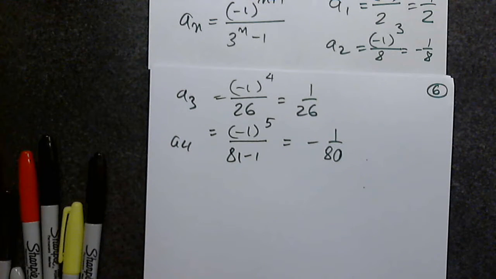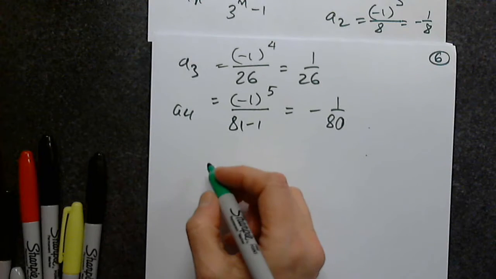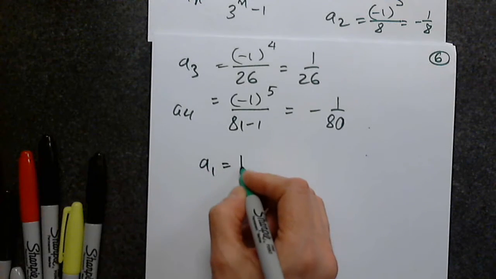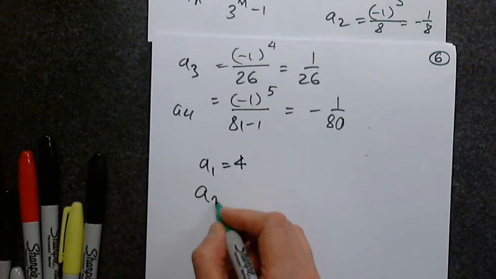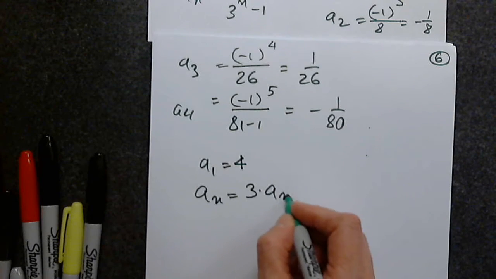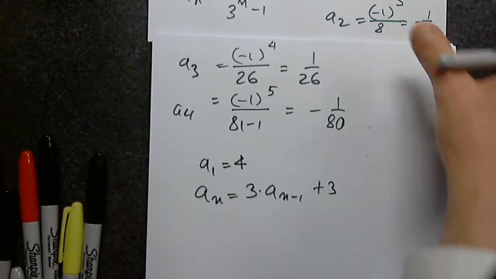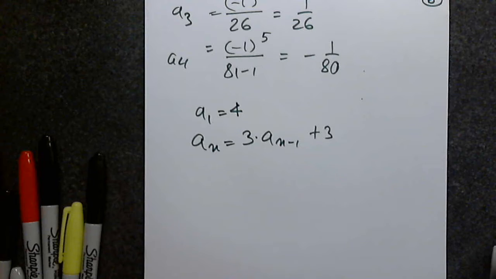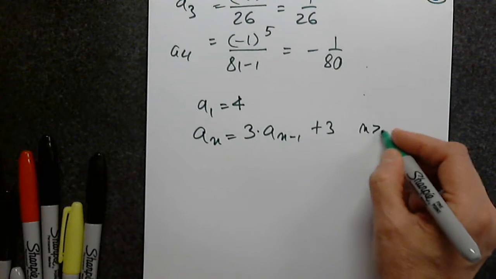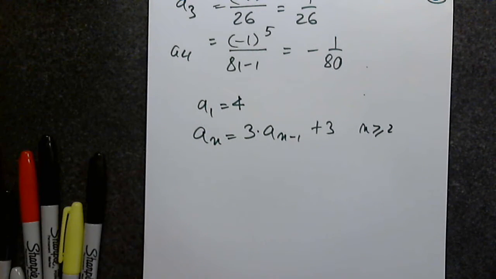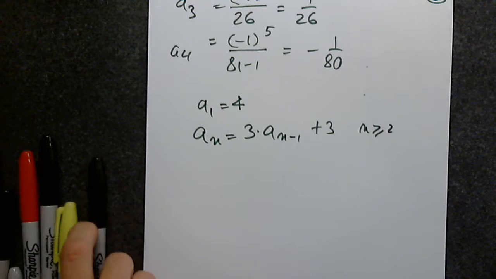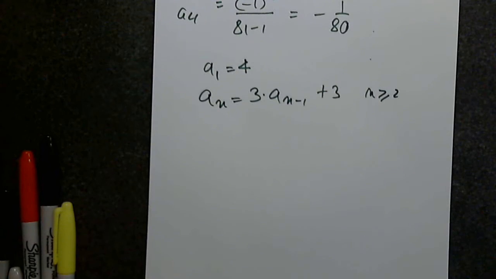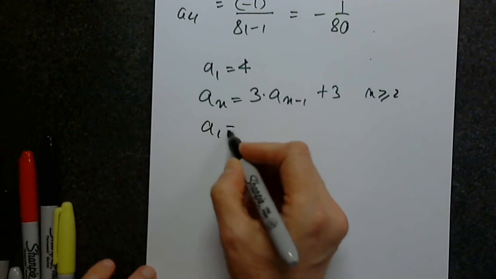Now, in 25, the sequence is given as a1, which is 4, and an equals 3 multiplied by a(n minus 1) plus 3, for n greater than or equal to 2. Again, the same question, the first 4 terms. a1 equals 4.